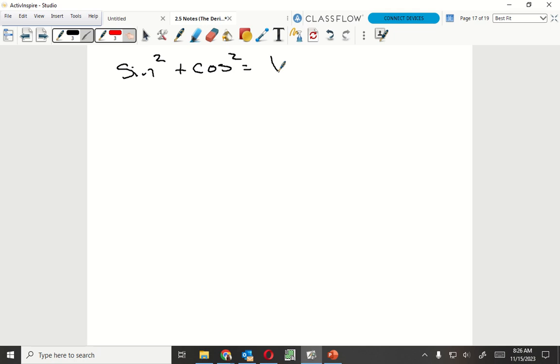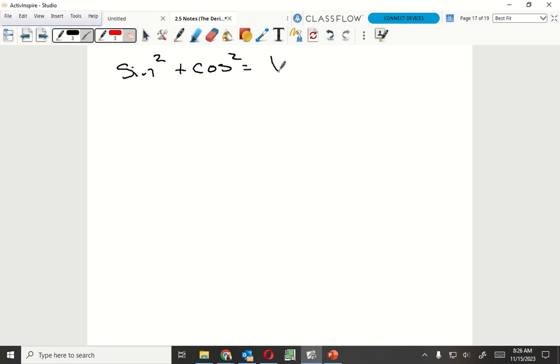So if I have a tangent, what do I know about tangent? Sine over cosine, right? So can I make this into a tangent squared? Say yes. Okay, so I'm going to divide everything by cosine squared.